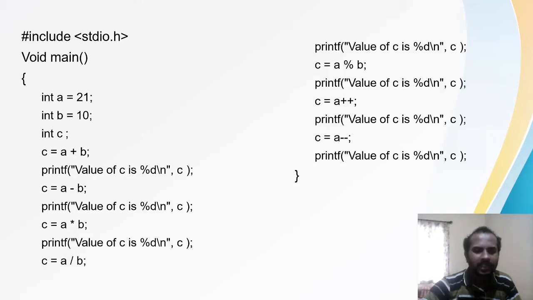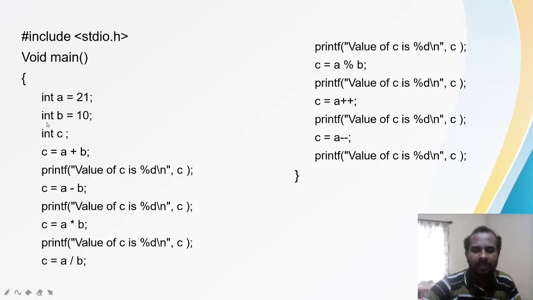I am going to create three variables a, b and c, and for a and b I am initializing the values at the time of declaration only. So I am writing int a is equal to 21. That means a is of integer type and it is going to hold 21 as the value. So I am doing the declaration and the initialization at the same time.